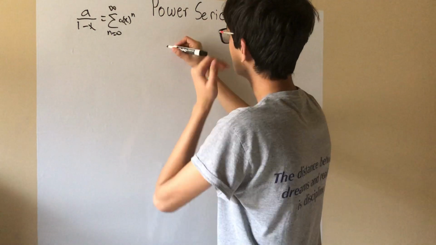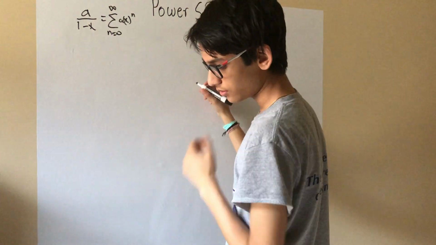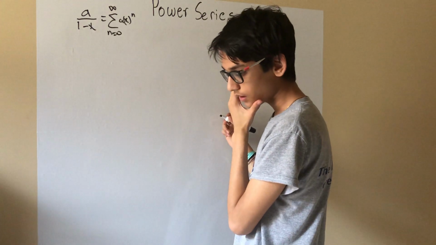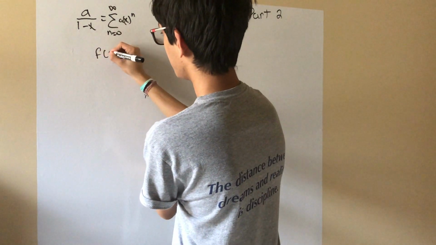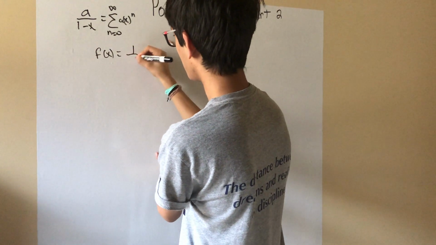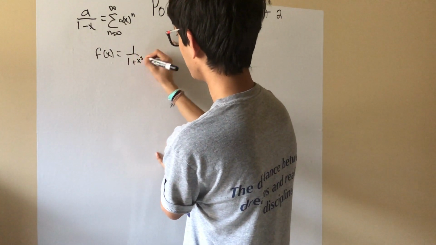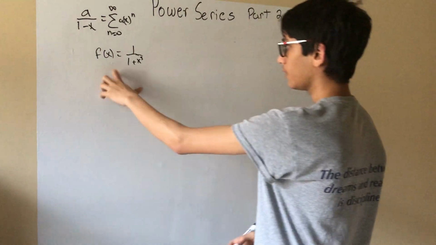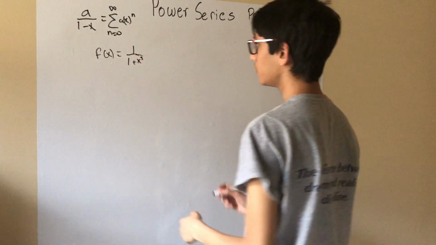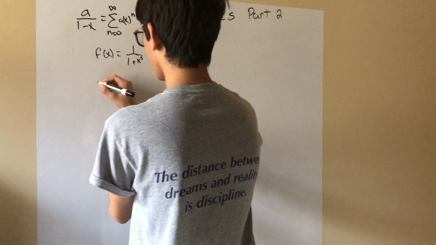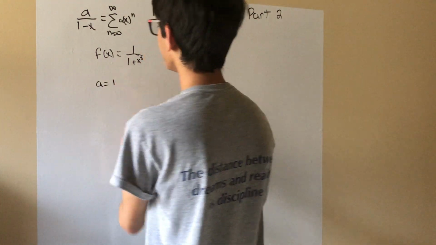Let's go 1 over 1 plus x cubed. So f of x equals 1 over 1 plus x cubed. Now, as soon as you see this, you can see that the a value is actually equal to 1. So let's write that down, a equals 1.